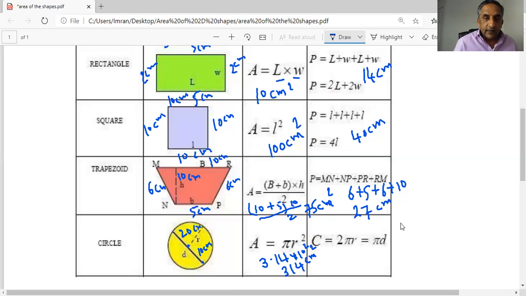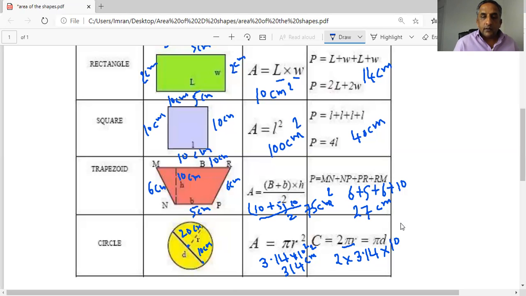For the circumference, this is again very important to remember the formula. Circumference is the distance around the circle. So the formula for that one is 2 pi r. So what we do, we try 2 times pi, we already know it is 3.14. So this is the figure which you need to remember, that pi is equal to 3.14, times radius. And in this case, the radius was 10, right?